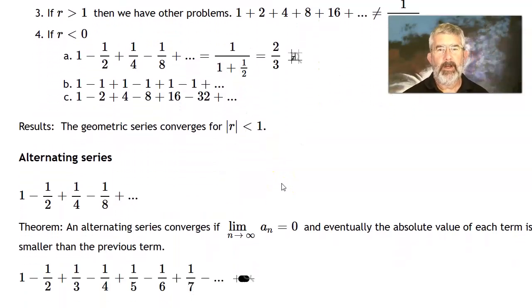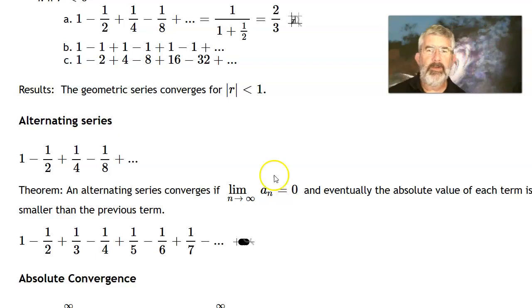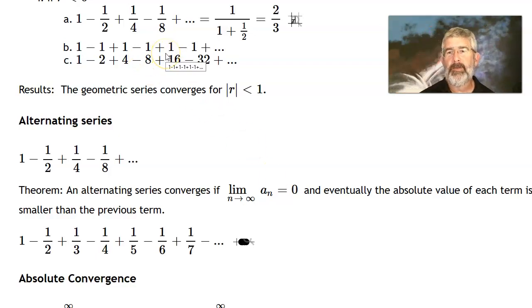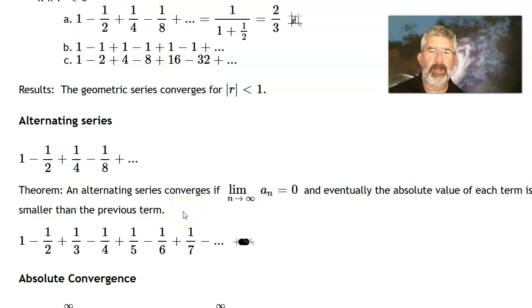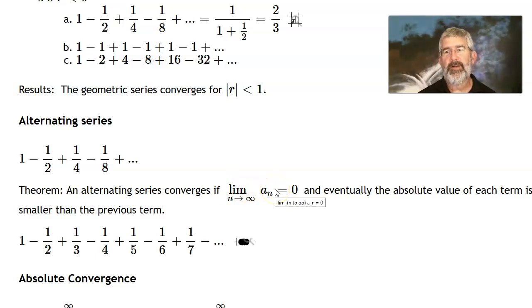Alternating series. We did see some alternating series here in the end, and there's actually a nice way of checking whether alternating series converge or not, because the alternating series test says that if the terms are going to 0, that the limit of the a_n's is 0, and eventually they're decreasing, eventually each term is smaller than the previous one, then you're guaranteed that this will converge.